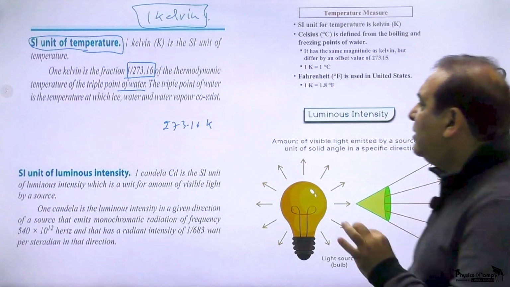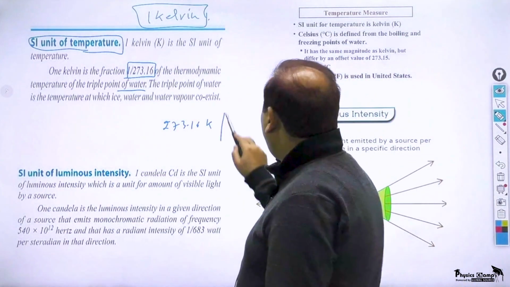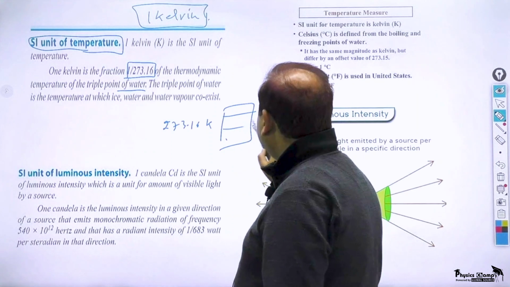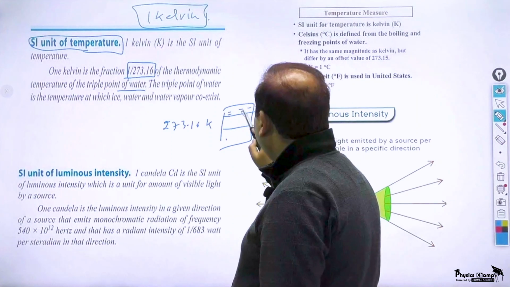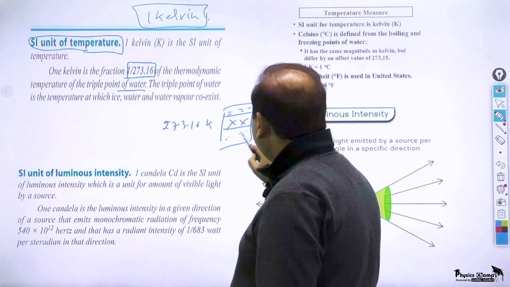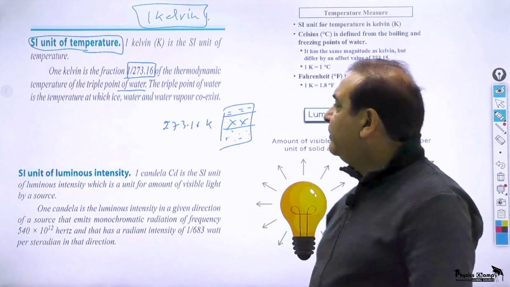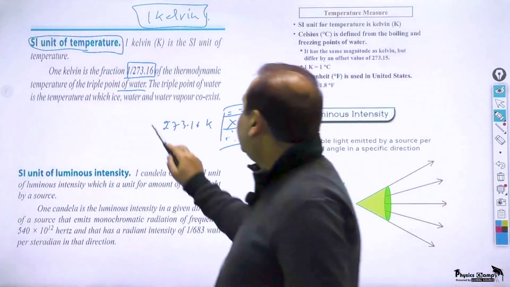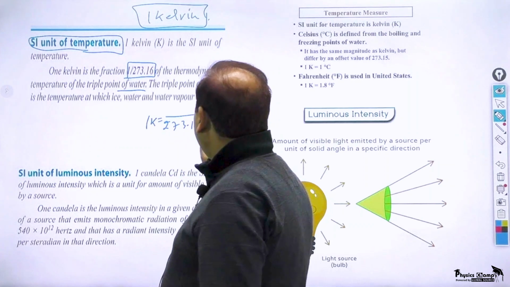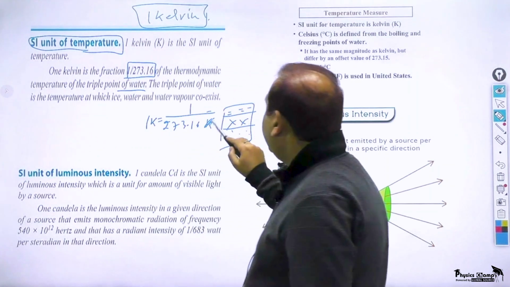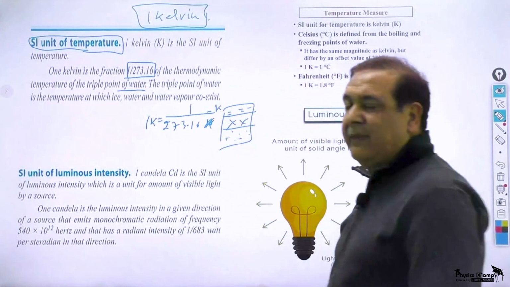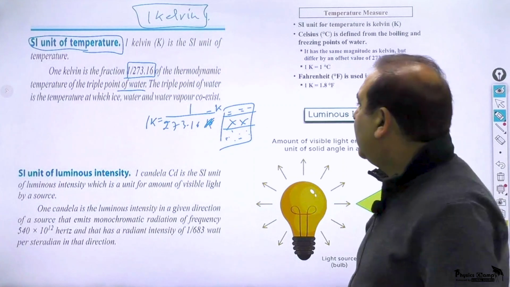At 273.16 Kelvin, the water coexists in the form of liquid, ice and steam. This is called the triple point of water. And 1 Kelvin is 1 by 273.16 of that temperature.